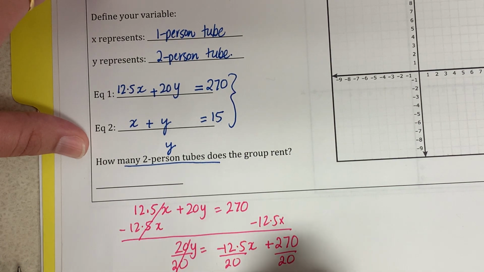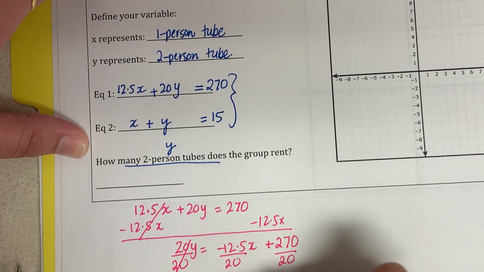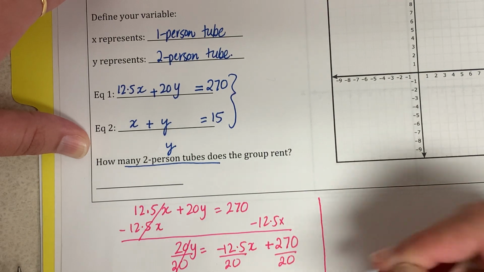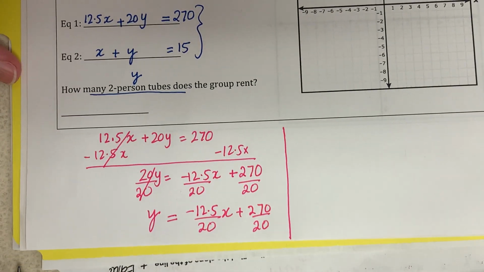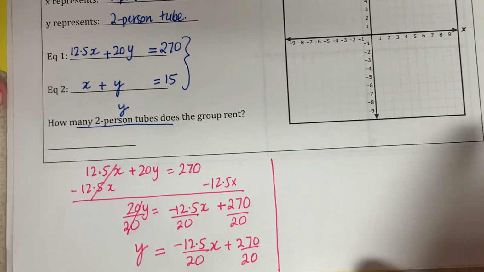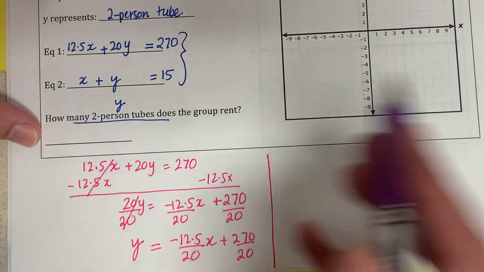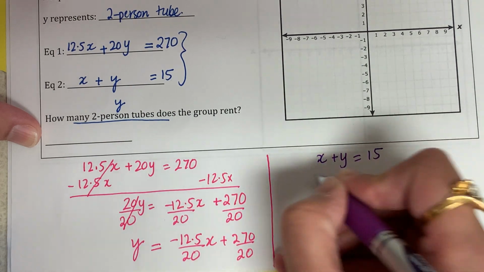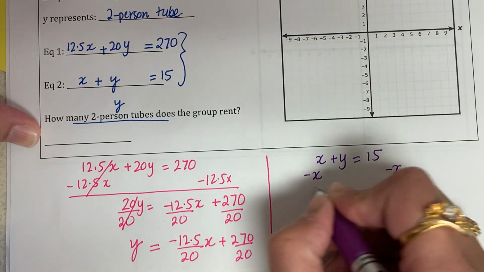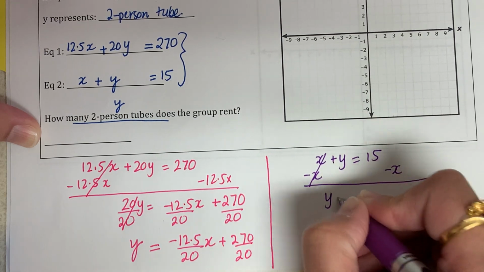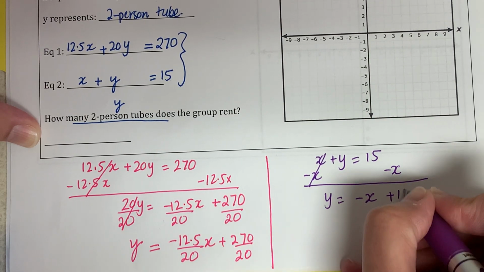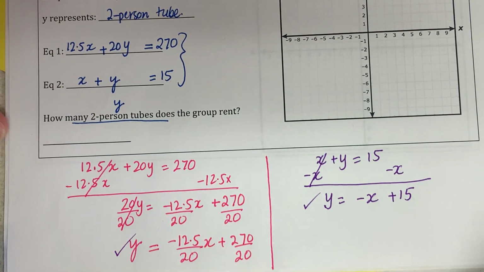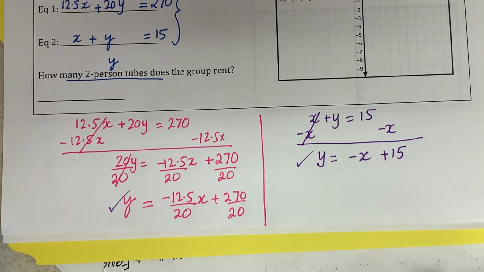I'm going to leave it like that since I'm going to use the calculator. So this is where I fixed my first equation. I'm going to fix my second equation over here. X plus y equals 15. So subtract x on both sides. Y is equal to negative x plus 15. Good. I will be able to graph these two in the calculator and I'm going to have my answer.